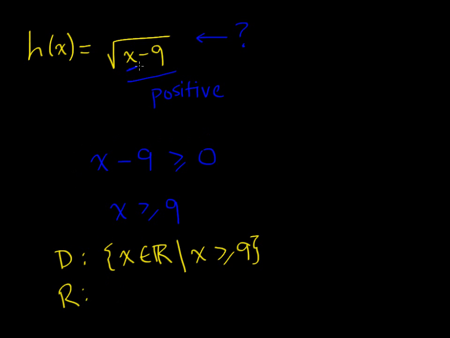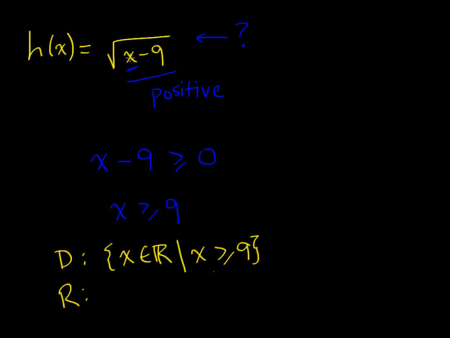Now the range, well, if we plug in an x value of 9, which is on the lower end of this set of numbers, we're going to have 9 minus 9, which is 0. Square root of 0 is 0. So y could be equal to 0. That's a possible y value for our range.